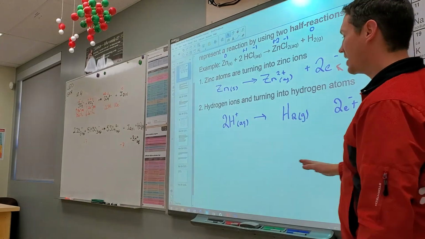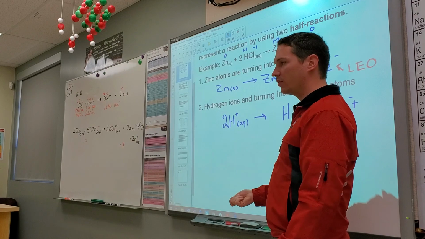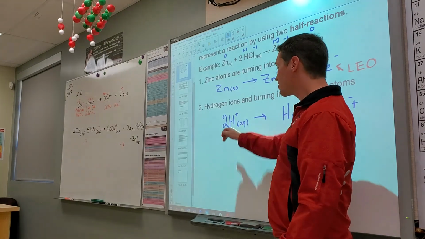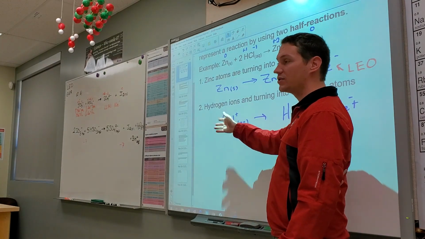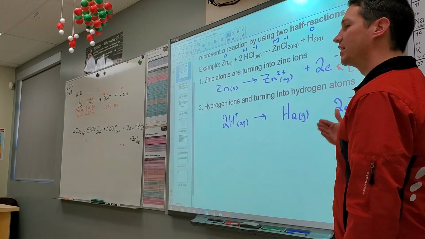But that doesn't make sense. Do these hydrogen ions have any electrons to give away? They don't. These are 2 protons, right? Hydrogen ions are protons. 2 protons don't have electrons to give away.